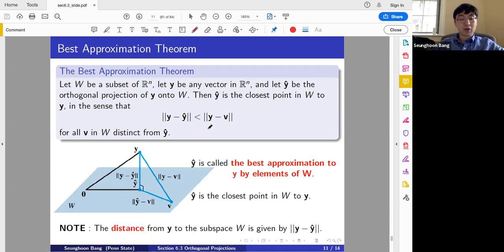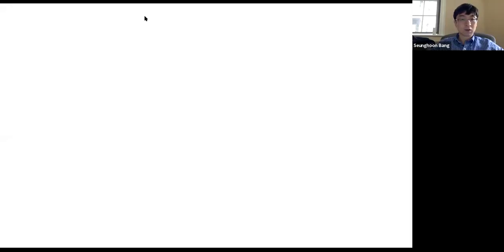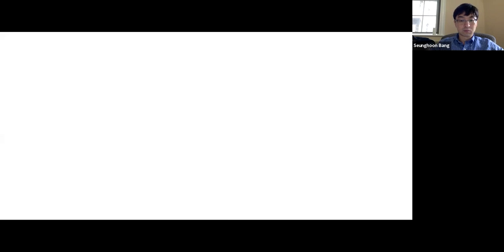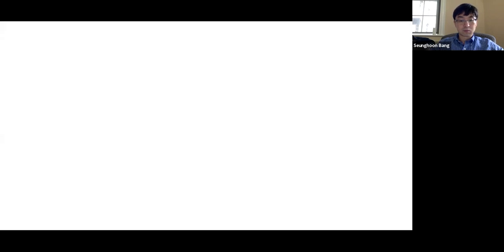The distance from y to the subspace W is the shortest one, the norm of y minus y hat, which is exactly the distance from y to the subspace W. I'm going to explain this by using another whiteboard.